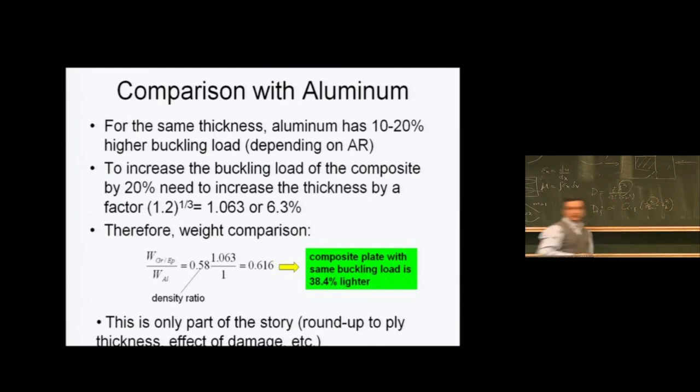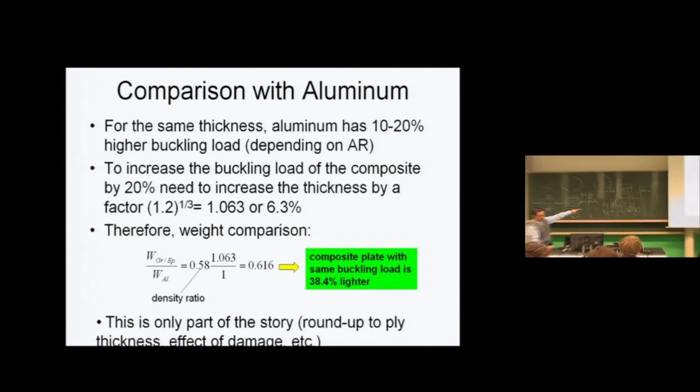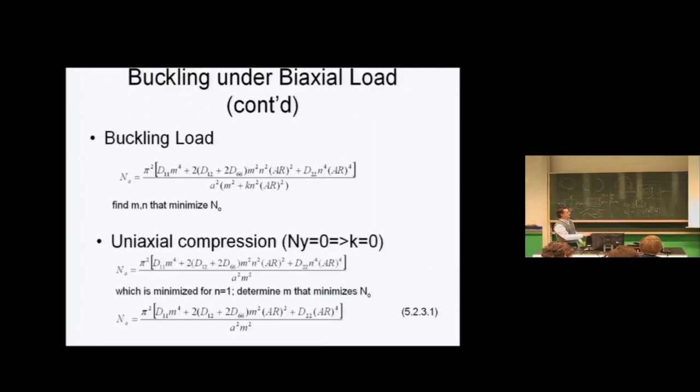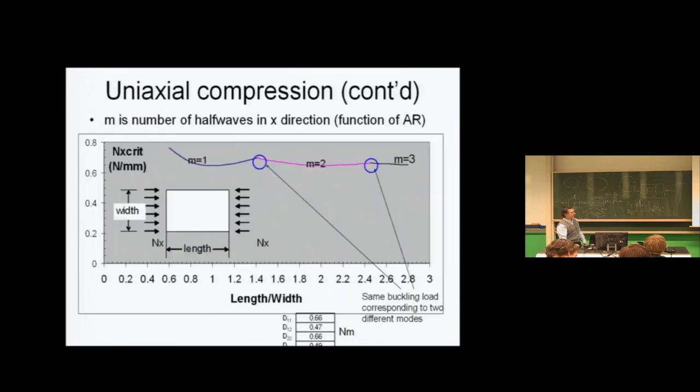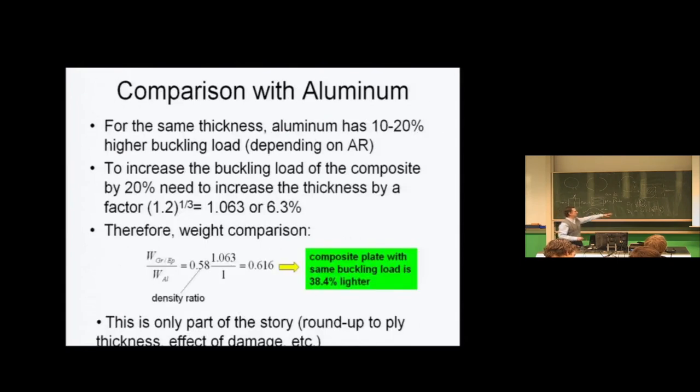Now this cubed means that because my buckling load is proportional to the D matrix, I need to increase my D by that 1.2 factor, but because it goes like thickness cubed, when I bring it over to the other side it becomes 1/3. So that's the 1/3, and therefore that's my 6.3%.